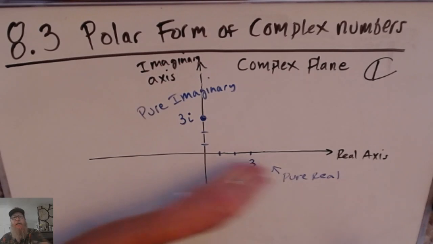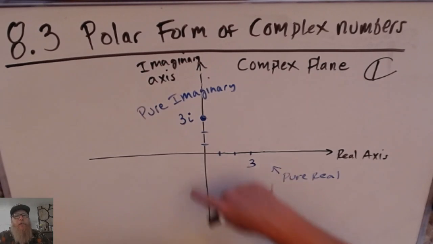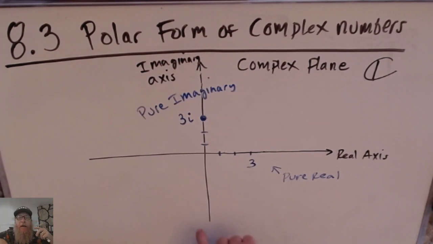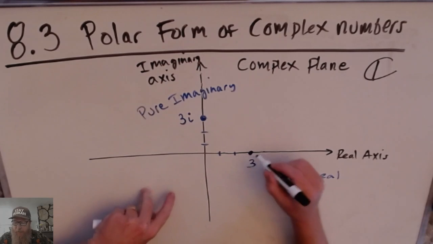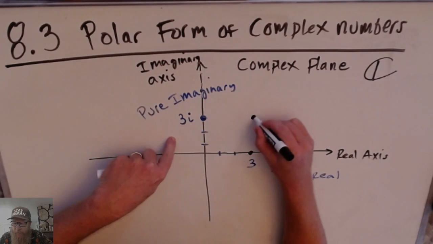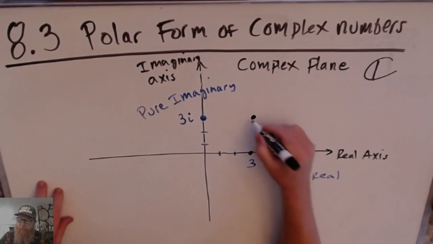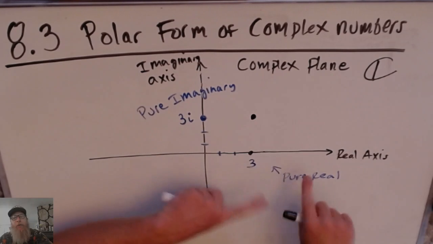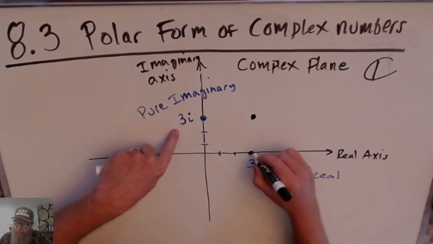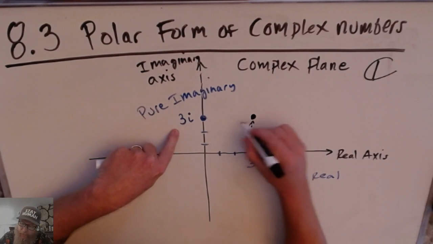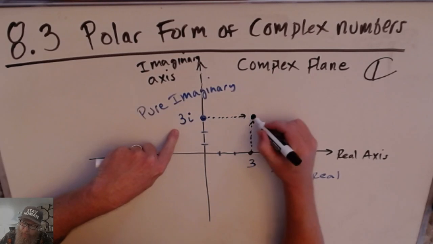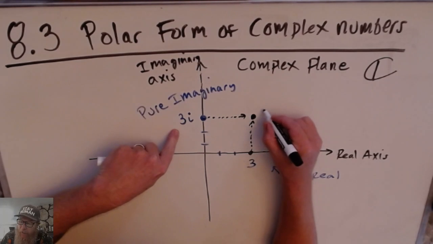So numbers on the horizontal axis are purely real. Numbers on the vertical axis are pure imaginary. And when you combine them together, sort of a hybrid of real and imaginary, this number would be called complex.